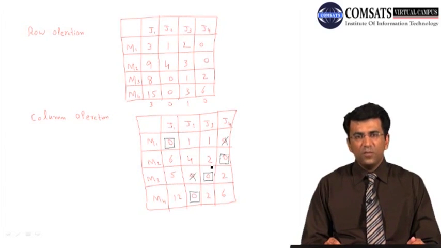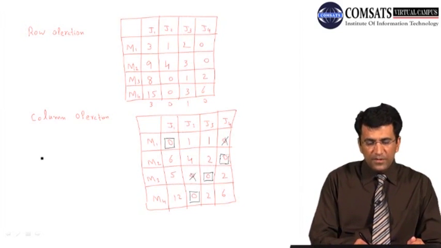And what is that optimal assignment plan? That is usually made by the relevant 0 assignments we have marked in squares. You can see that this is the square here, and the relevant assignment will be that we will assign job 1 to machine M1.